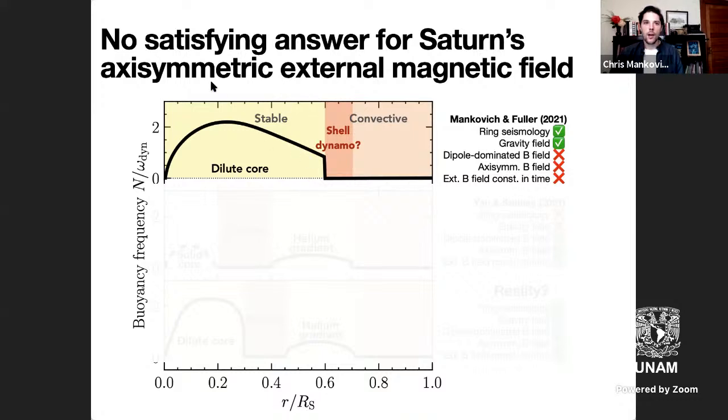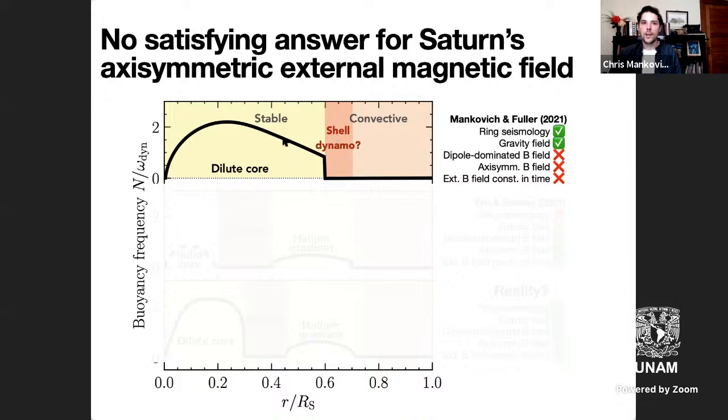And so it's usually thought that there's a dynamo somewhere in the planet that has a stable layer on top of it that filters out non-axisymmetric components of the magnetic field because of differential flows. And the result is that at the surface, you can observe a totally azimuthally symmetric magnetic field, which is what's observed. So the model that we put forward sort of doesn't have an explanation for that.